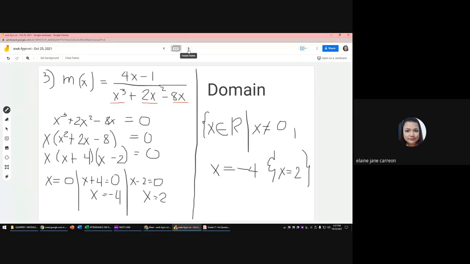Okay, so that is our domain for the function m of x is equal to 4x minus 1 over x cubed plus 2x squared minus 8x.